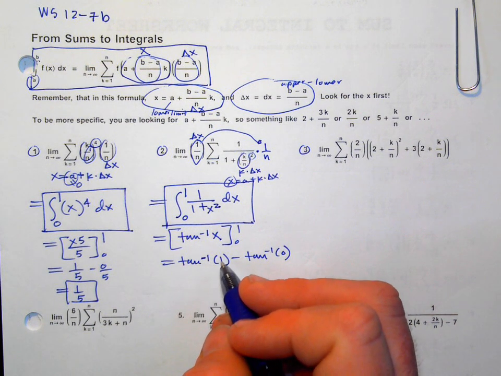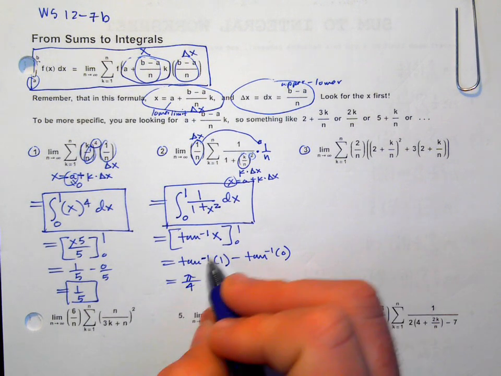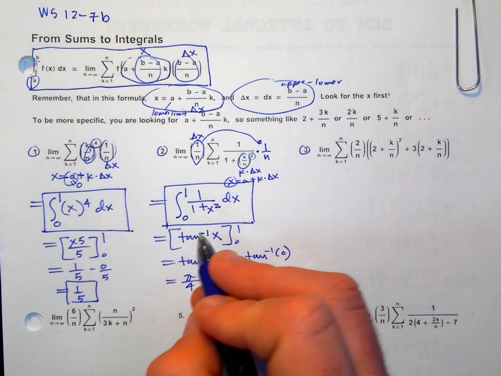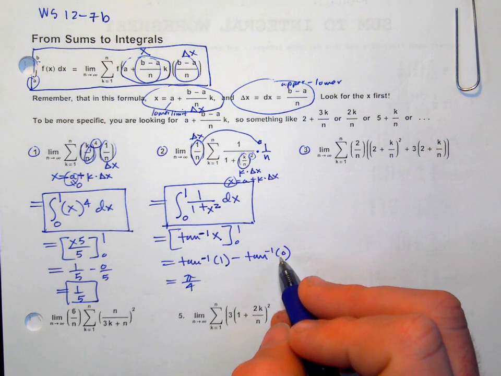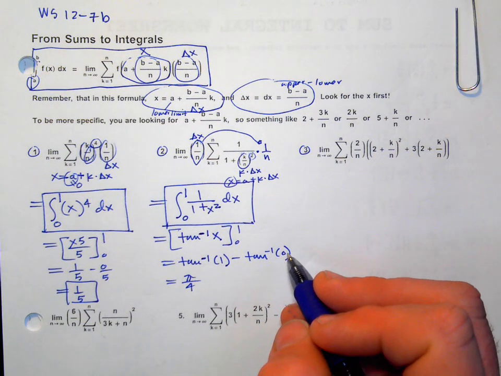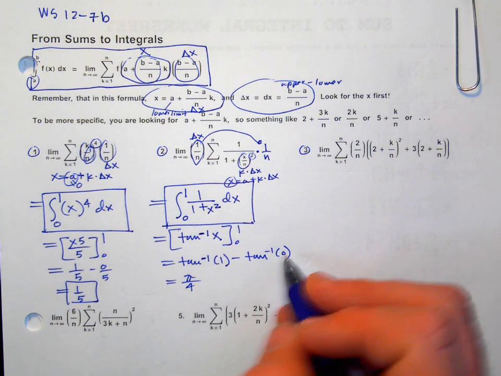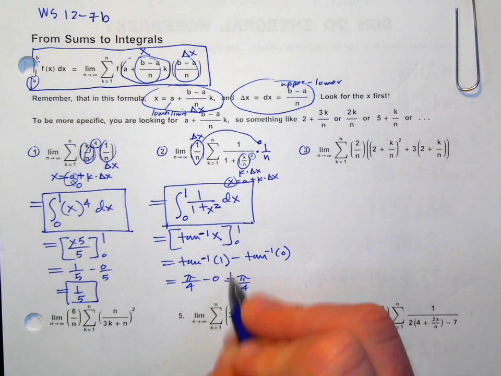That's when sine and cosine are equal to each other, which is pi over 4, right? Inverse trig is going to assume principal angles. What do you take the tangent of that gives you 0? Well, it's sine over cosine, so when is sine 0? At 0.